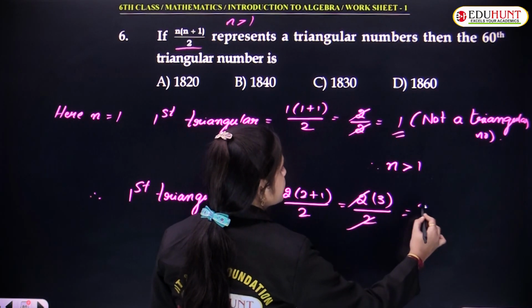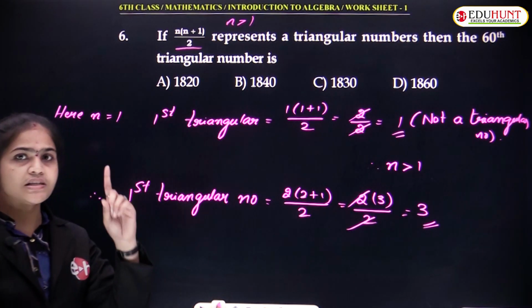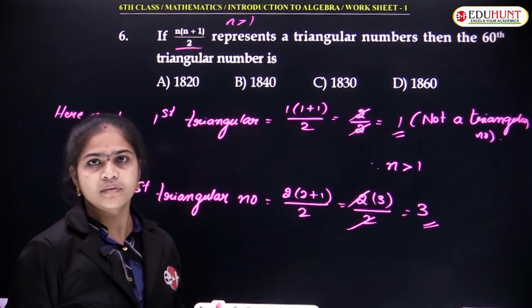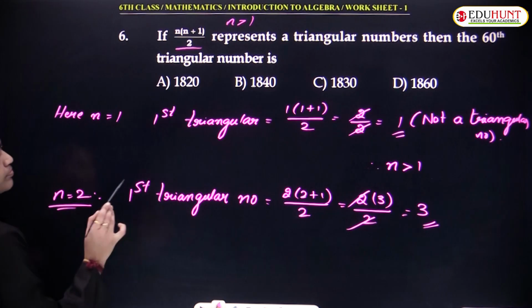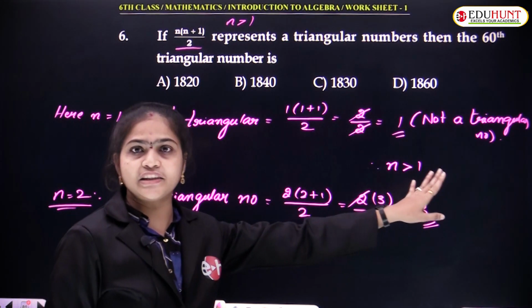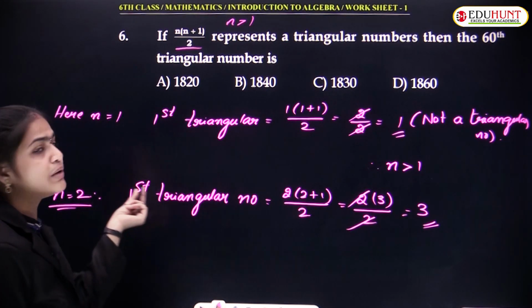The 2 and 2 get cancelled. Finally we get 3. So the first triangular number is 3. Understand? That's why, with the condition n greater than 1, you have to take n equal to 2.